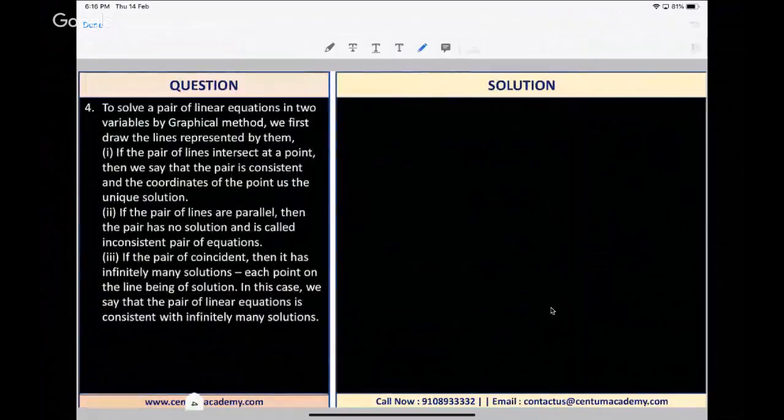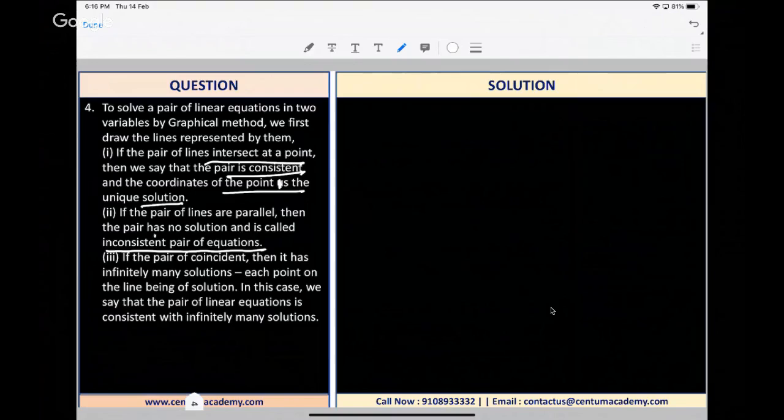So to solve a pair of linear equations in two variables by graphical method, we first draw the lines represented by them. If the pair of lines intersect at a point, then we say that the pair is consistent and the coordinates of the point is the unique solution. Now, if the pair of lines are parallel, then the pair has no solution and is called an inconsistent pair of equations.